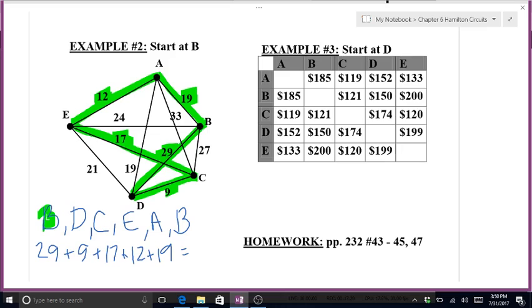Okay. Let's add this up real fast. 29, 9, 17, 12, 19. Looks like we're looking at 86.